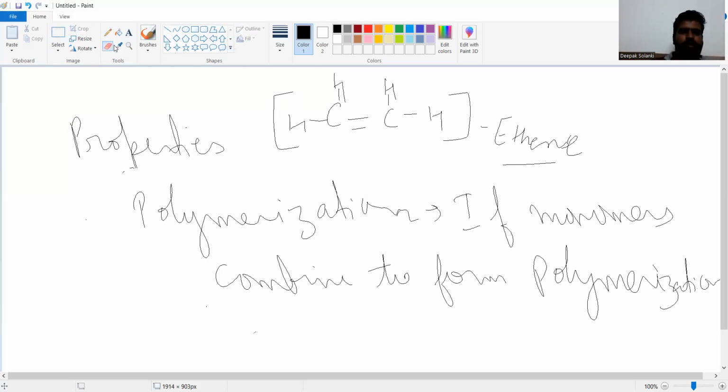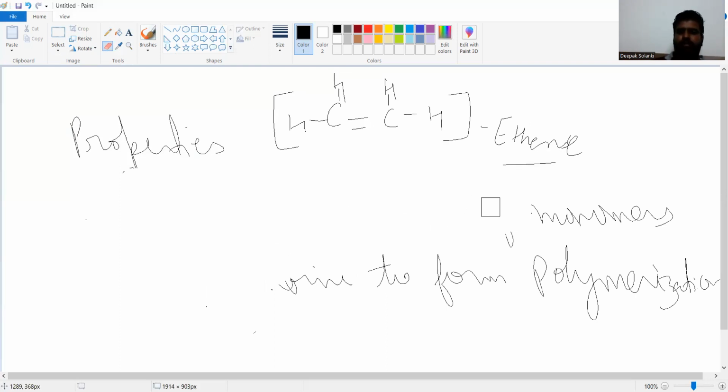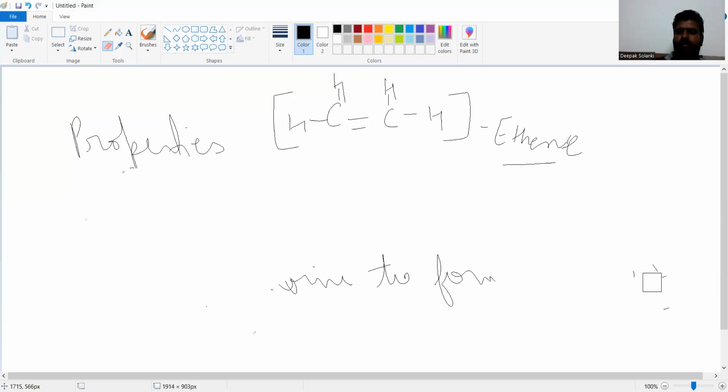Now, let me take one more example of how the monomers attach and make polymers, and the process is known as polymerization.